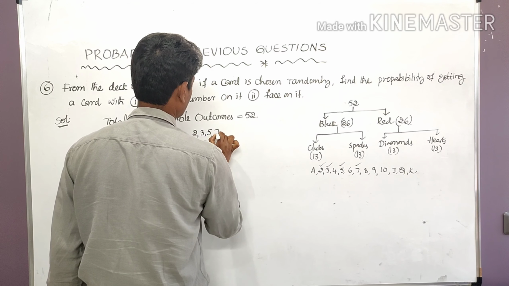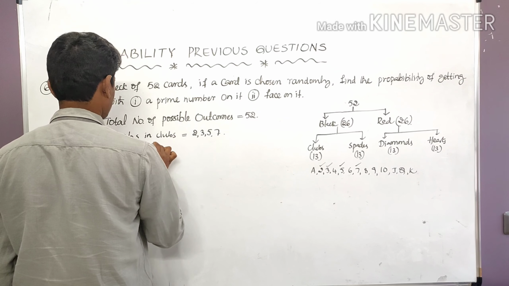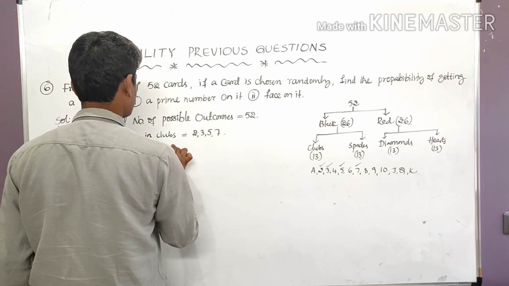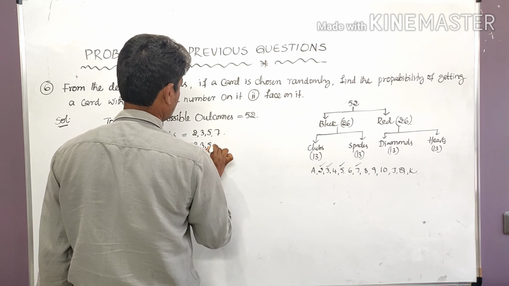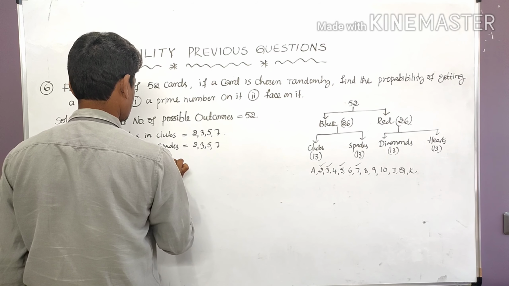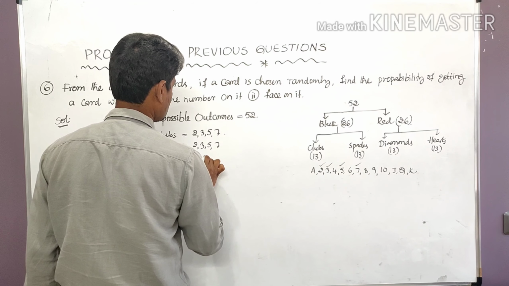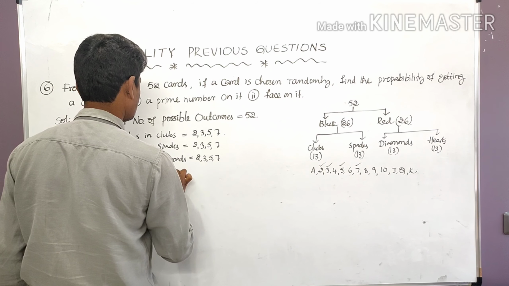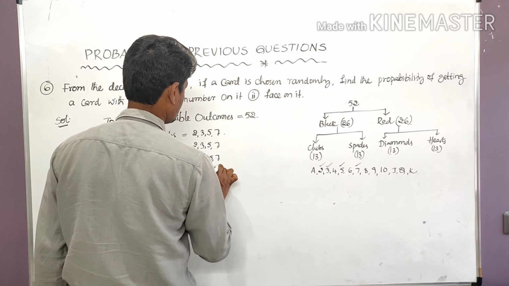In spades again 2, 3, 5, 7. In diamonds again 2, 3, 5, 7. In hearts again 2, 3, 5, 7.